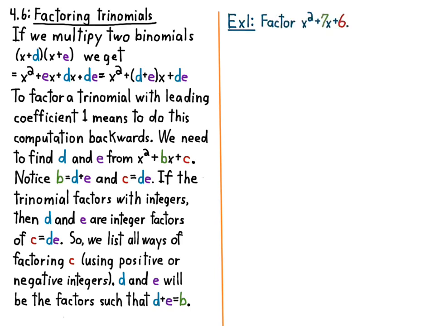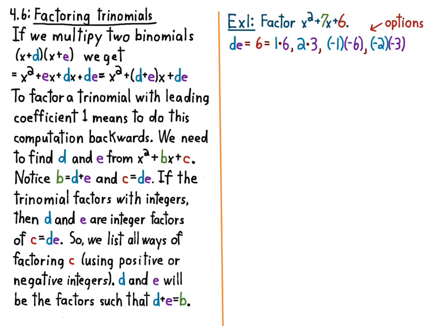So example 1, factor x squared plus 7x plus 6. Now this is one of the easier ones because 1, the leading coefficient, the coefficient of x squared, is 1, and 2, everything is plus. Since everything is plus, my d and e will both have to be positive. Okay, so de is 6, and that can be written as 1 times 6 or 2 times 3.